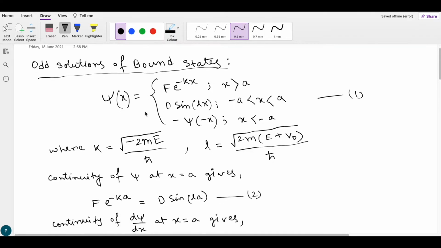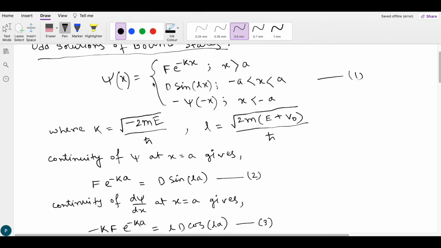And the solutions are psi(x) equals F e to the power minus kx for x greater than a, D sine lx for the region minus a to a, and minus psi(minus x) for x less than minus a.